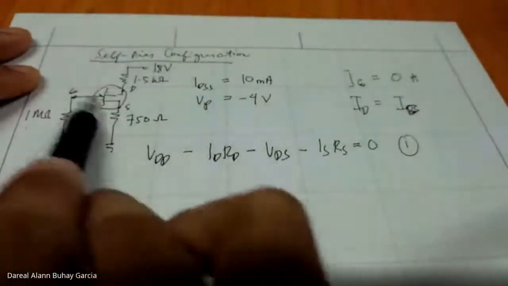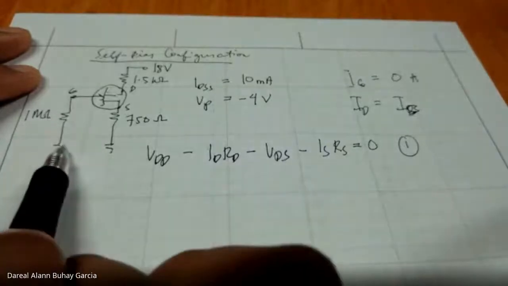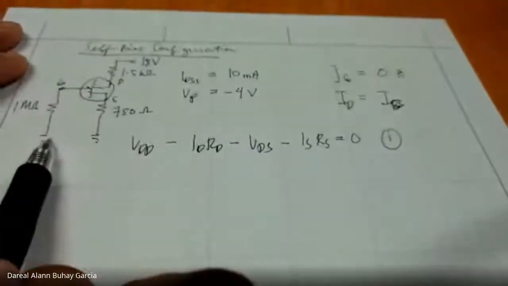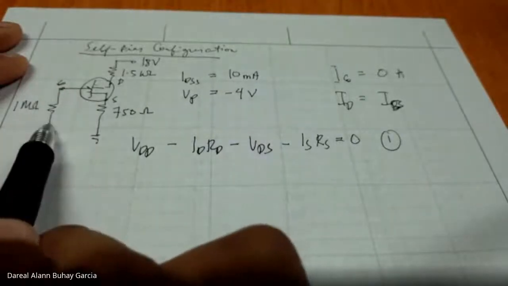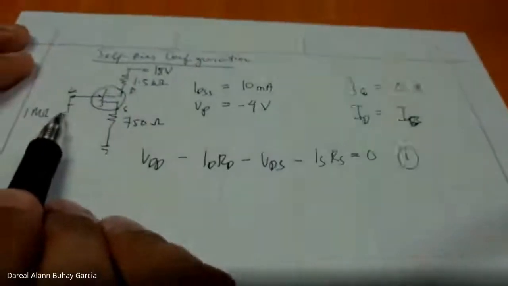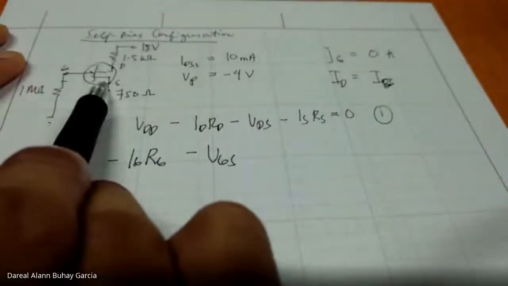Equation 2 is sa input na side. No? Current is no flow from here to there. So, negative IGRG minus VGS minus ISRS is equal to 0.